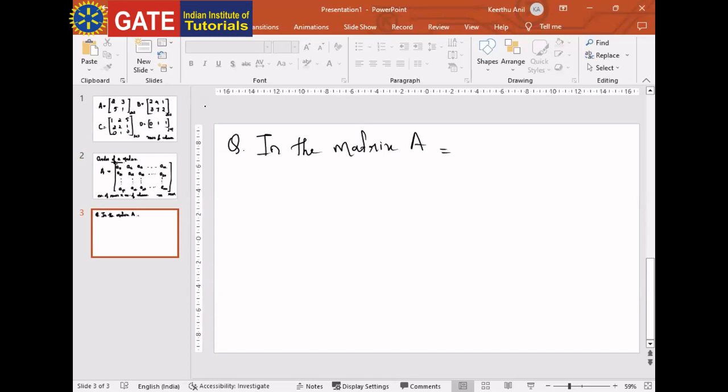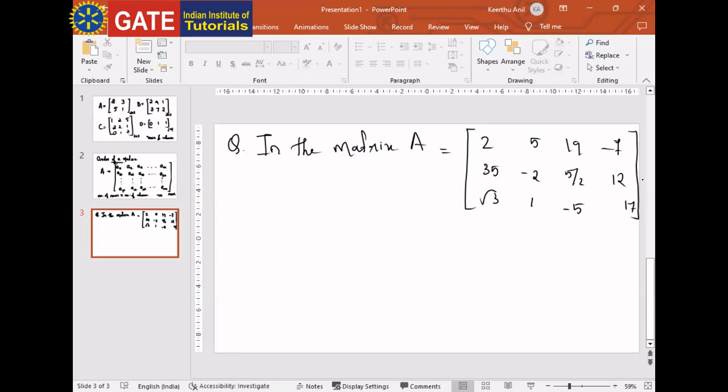In the matrix A, 2, 5, 19, minus 7, 35, minus 2, 5 by 2, 12, root 3, 1, minus 5, 17, comma, write first sub question: the order of the matrix.